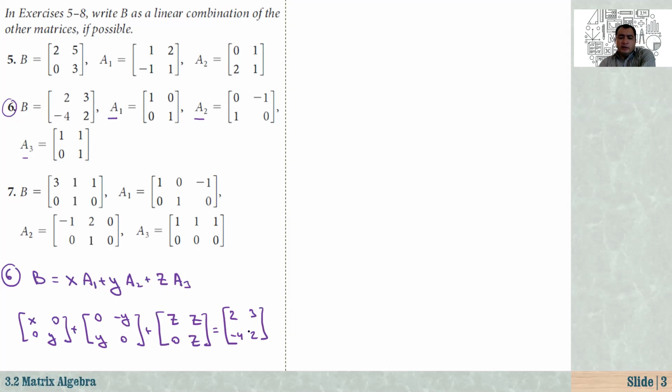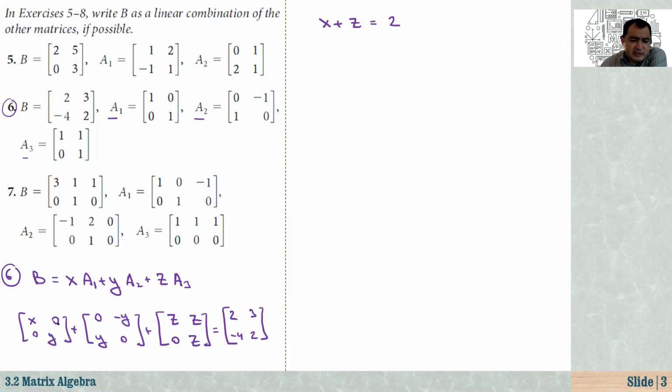On the left hand side we have 3 matrices of the same order, so we can add them. The first component: x plus 0 plus z is equal to 2, so x plus z equals 2.